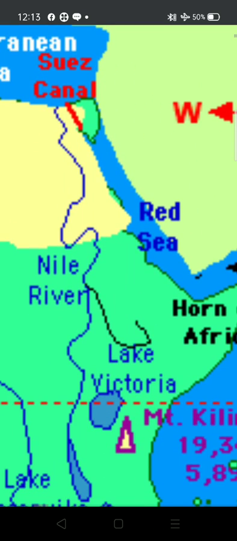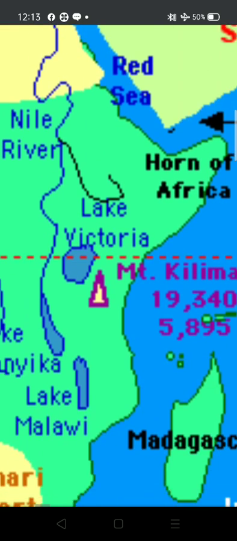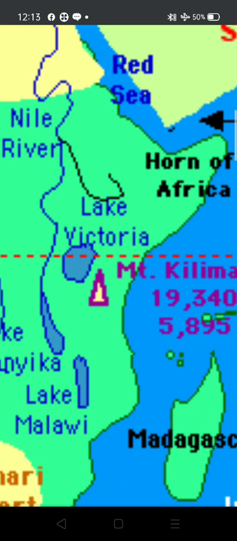But Indians and Arab travelers knew about the eastern coast. Can you see here? This eastern coast, Gulf of Aden, then this Red Sea, this Lake Victoria, Kilimanjaro, this coast, can you see? East coast. India lies towards the eastern part of Africa.